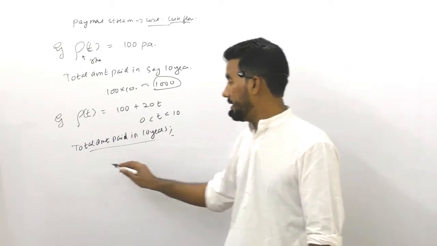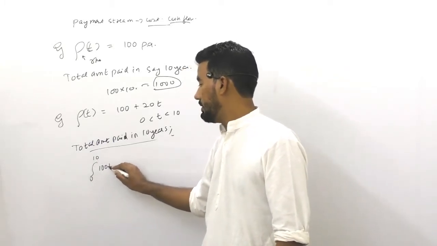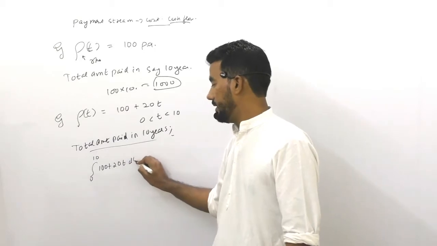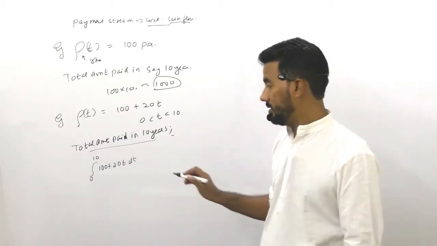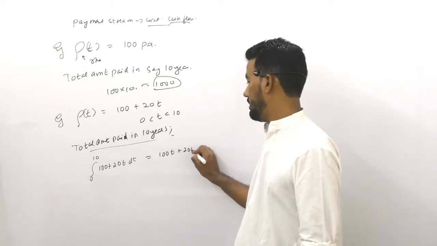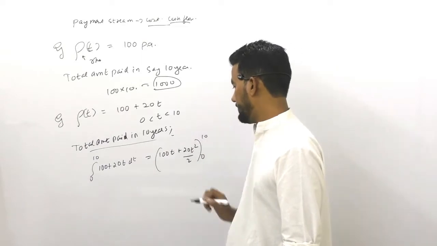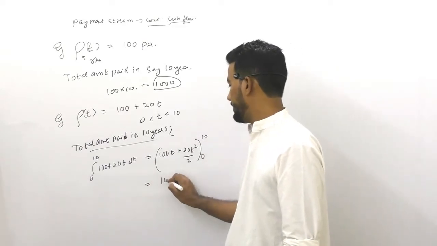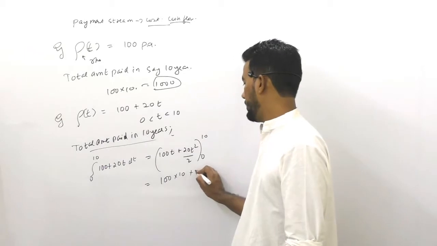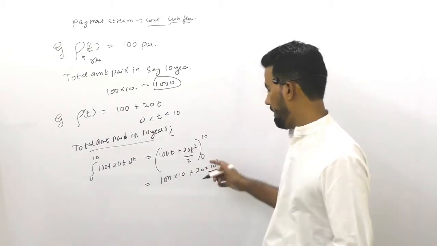So here we will integrate from 0 to 10, 100 plus 20t dt, to get the total amount paid over this time period, which is 100t plus 20t square by 2, from 0 to 10, which is 100 into 10 plus 20 into 10 square by 2.